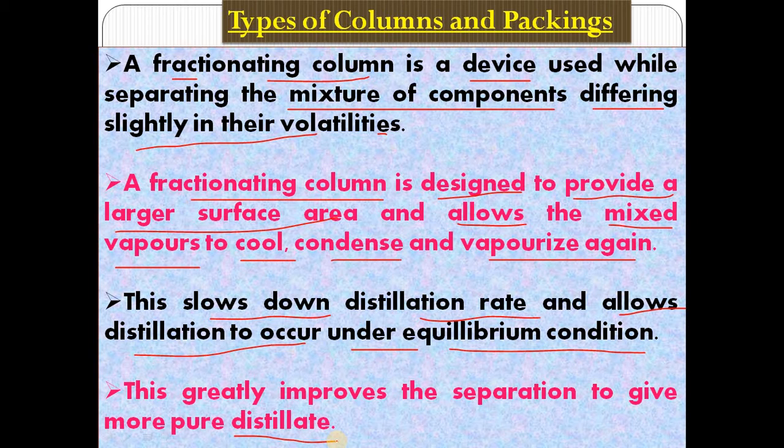Suppose we carry out the distillation of two liquids having a slight difference in their boiling points by simple distillation. Then we cannot isolate the two liquids properly, because of the slight difference in boiling point, and both liquids will distill over at the same time.